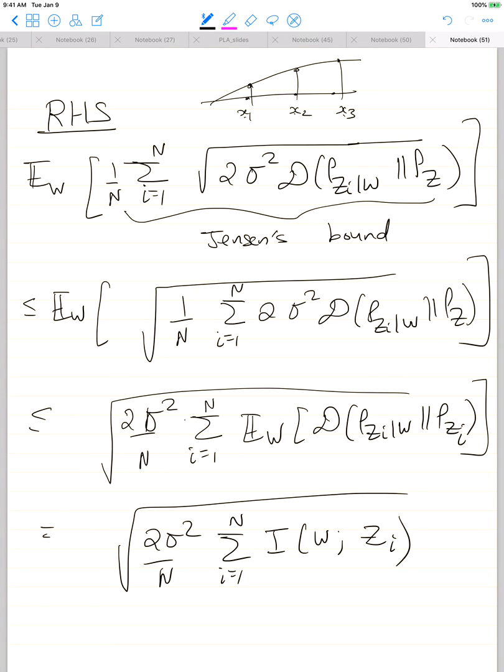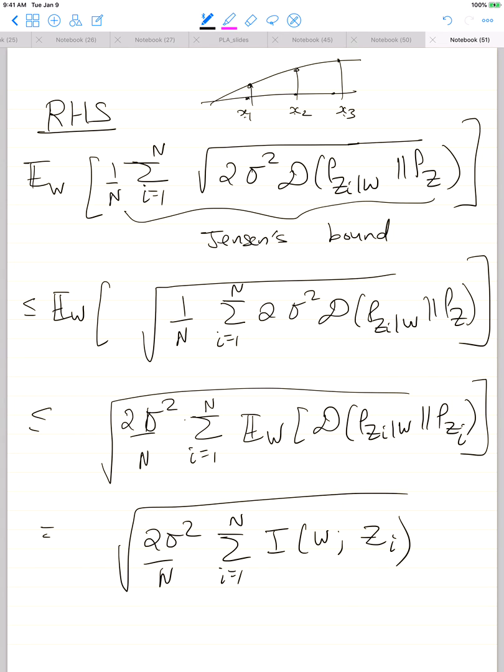So again, just a small observation. In this paper, they basically said that instead of applying the result on using all the n samples, do it on a sample by sample basis.